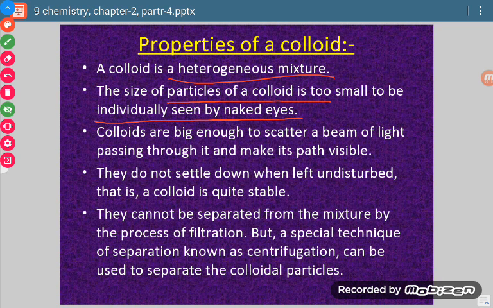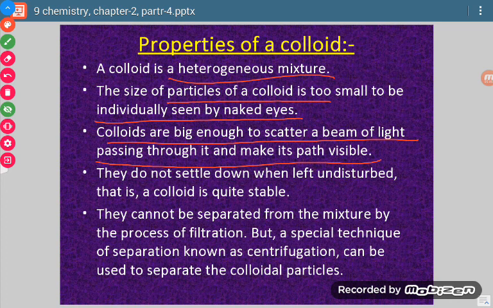Third property, colloids are big enough to scatter a beam of light passing through it. This is what we call Tyndall effect. Tyndall effect is that when light passes through a colloid or suspension, we can see its path.